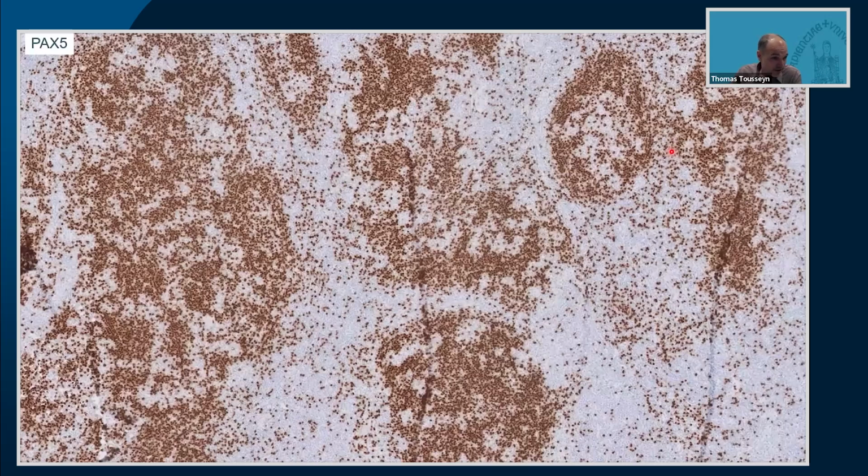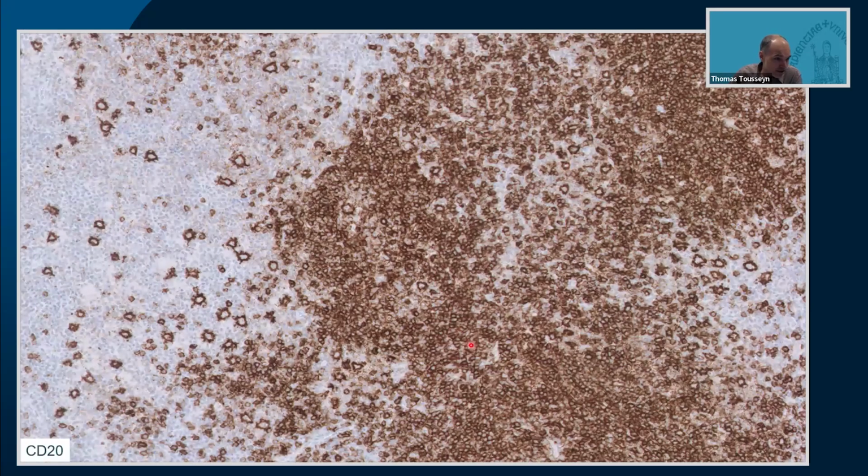This is the PAX5 with a very nice image showing these vague nodules that are somewhat moth-eaten. And in the moth-eaten pattern, you can see that the large atypical cells are present in the empty areas, and they are surrounded by PAX5 negative cells. Same as seen in the CD20. So you see here cells that morphologically look very much like Reed-Sternberg cells, not like the typical vesicular LP cells of nodular LP, but they do express CD20.